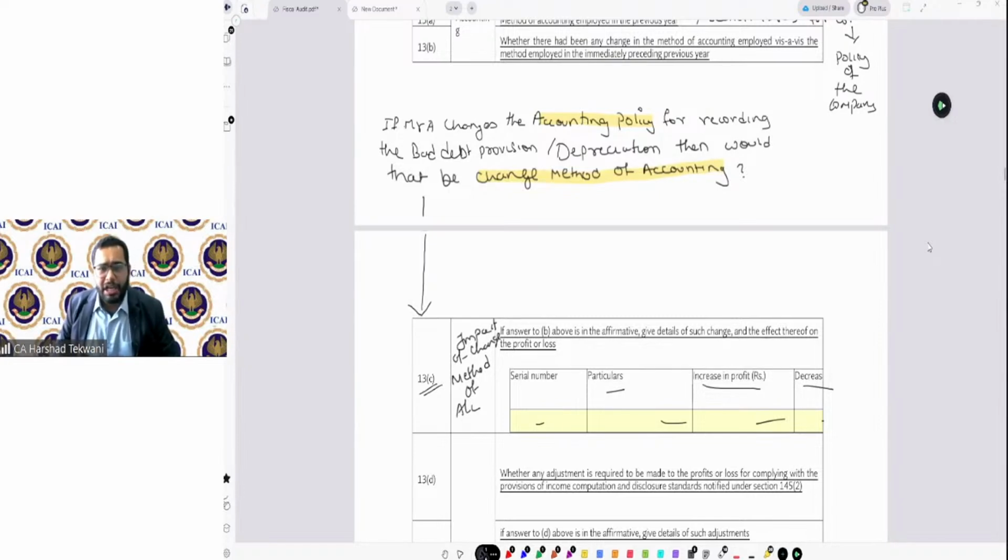If there is a change in accounting policy, how will you treat that?